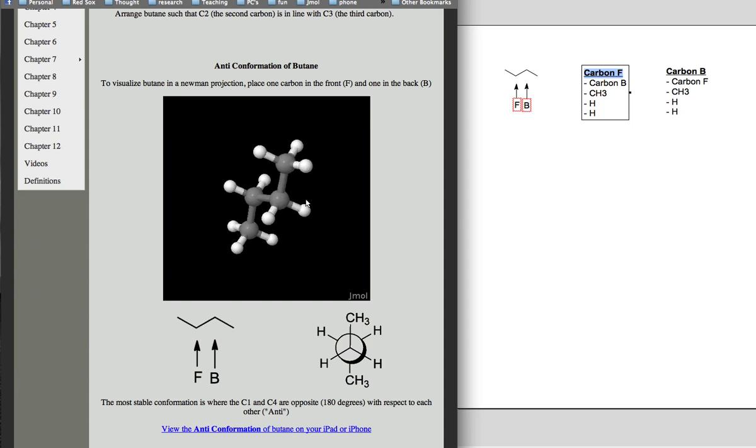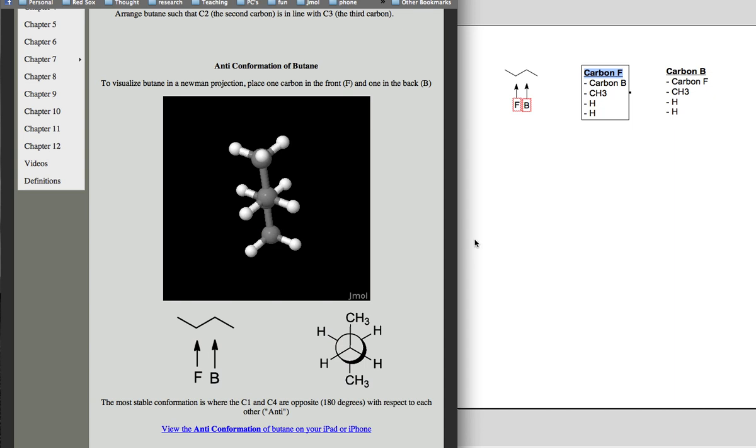And if you turn it, you can see that is coming indeed off the front carbon, and two hydrogens off the front coming down to the left and to the right. And in the back, staggered, we have a hydrogen and a second hydrogen. And in the 180 degree anti position, we have the terminal methyl group.